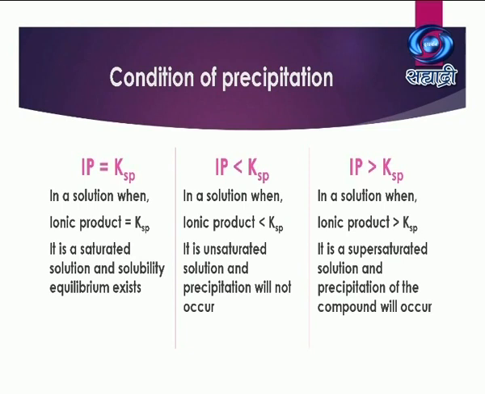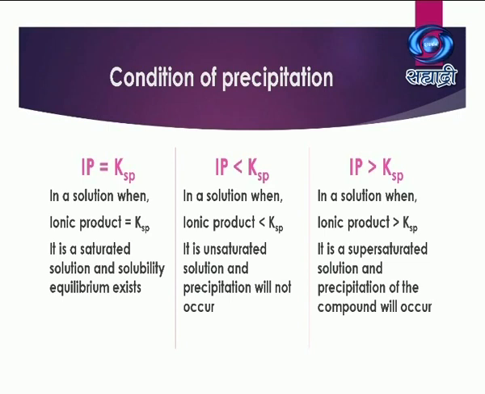Now when ionic product is equal to Ksp, that is solubility product, then it is a case of saturated solution and solubility equilibrium exists. When ionic product is less than Ksp, then it is a case of unsaturated solution, and precipitation will not occur.